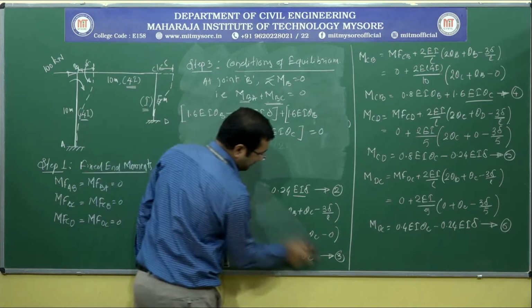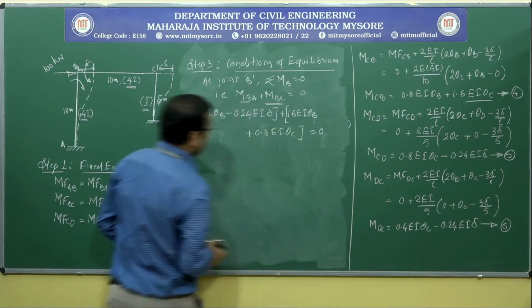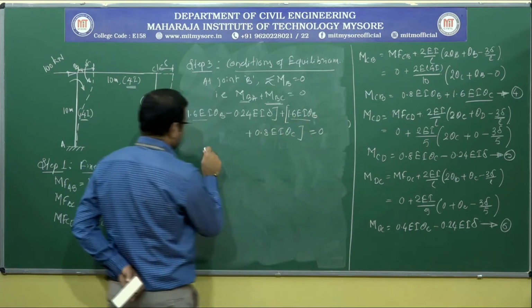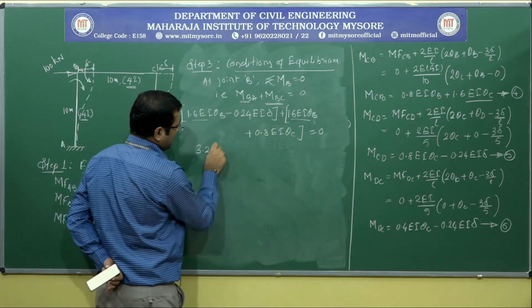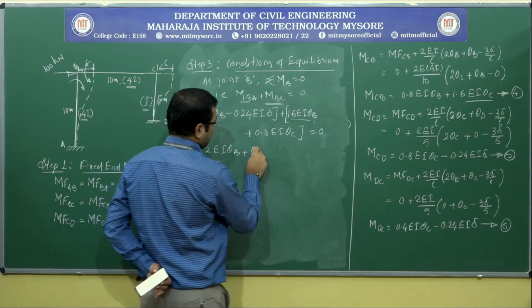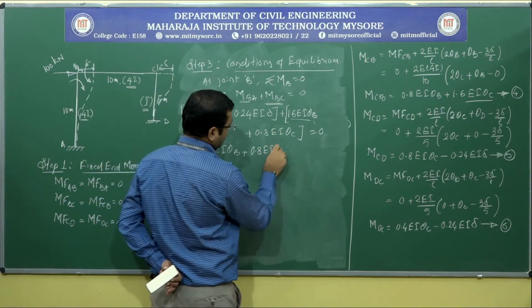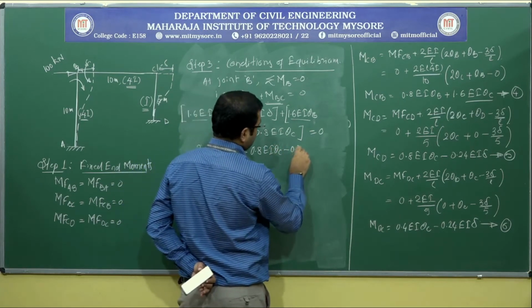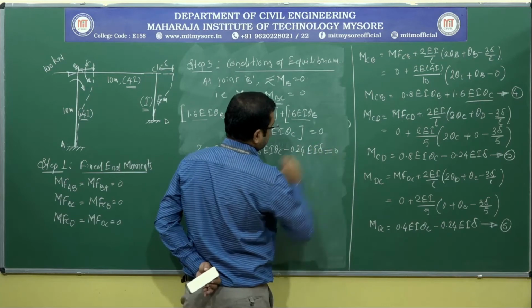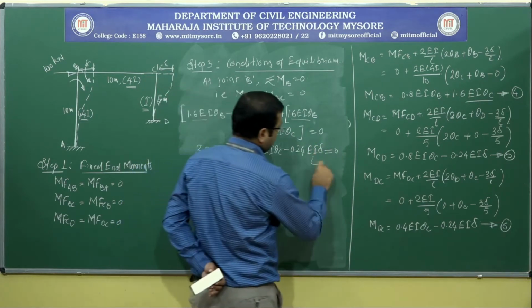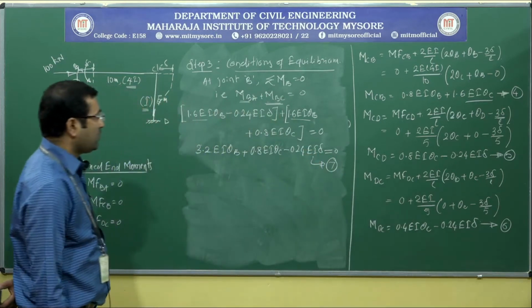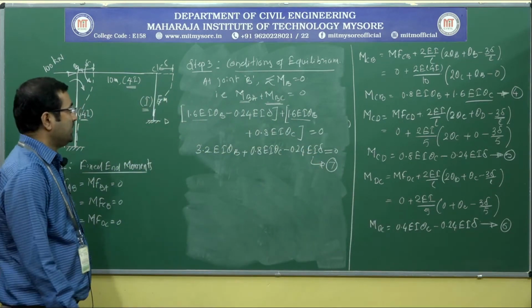Now you can see we have two terms of EI theta B. So it is 3.2 EI theta B plus 0.8 EI theta C minus 0.24 EI delta. This is equals to 0. So let us call this as equation number 7. So this is one joint equilibrium condition.